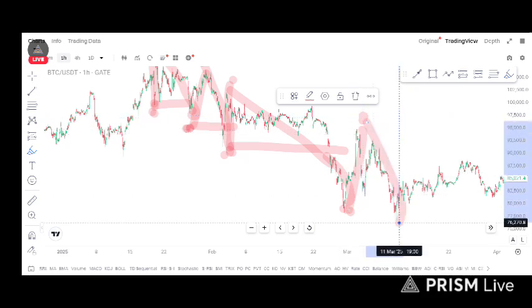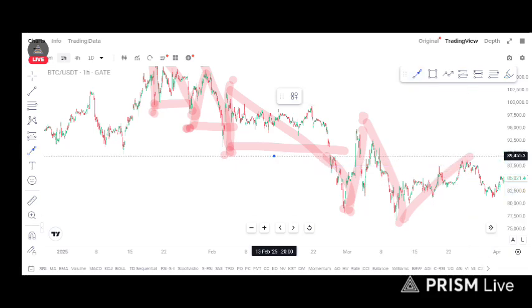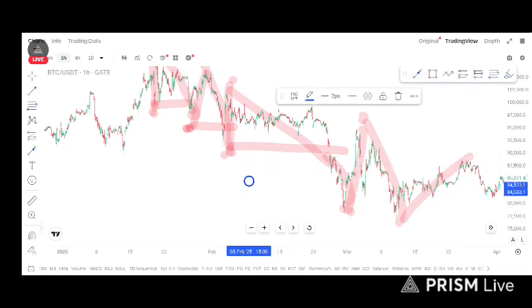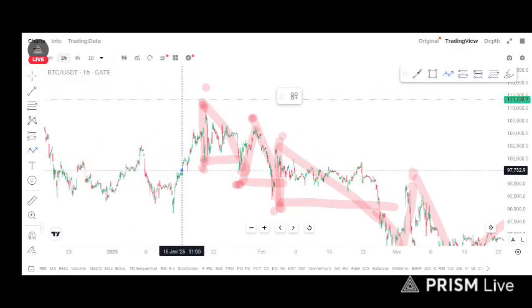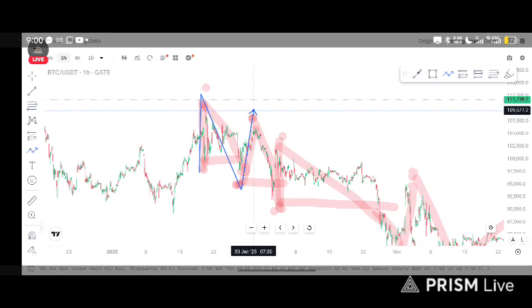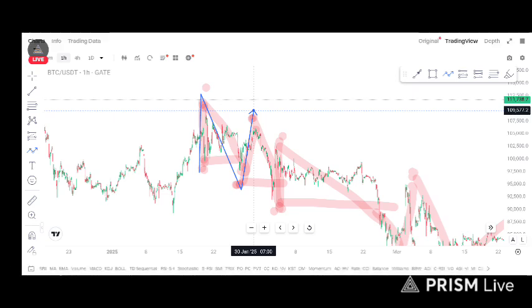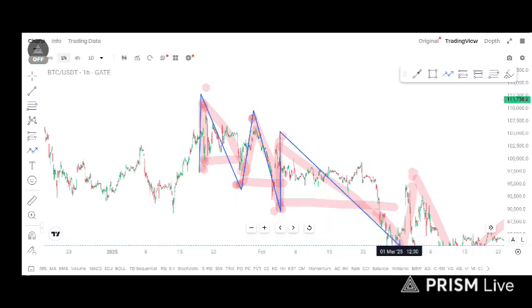Are you seeing? What are we seeing here? A series of what? Lower low, lower high, lower low, lower high, lower low, lower high.